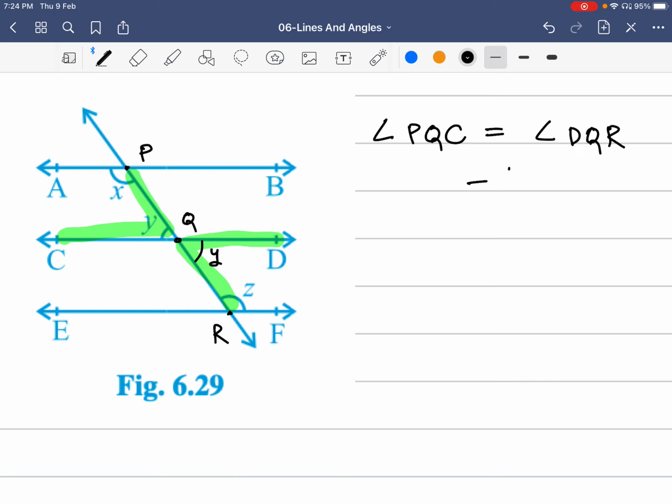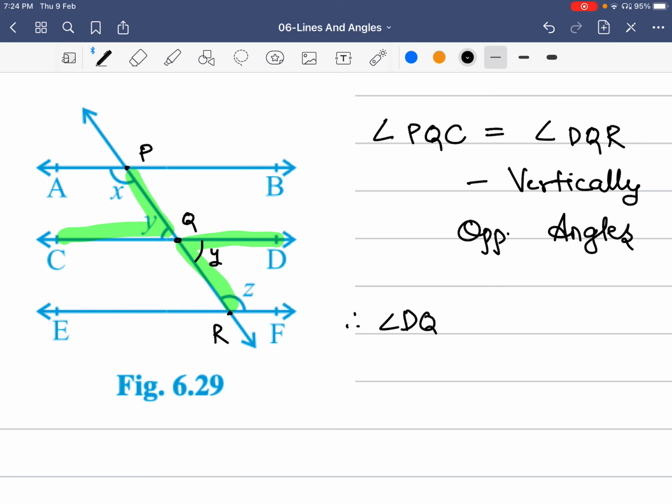What is the reason? The reason is vertically opposite angles. So I'm going to say therefore angle DQR is equal to Y. So this is our first important conclusion.